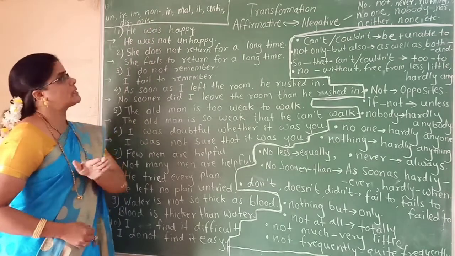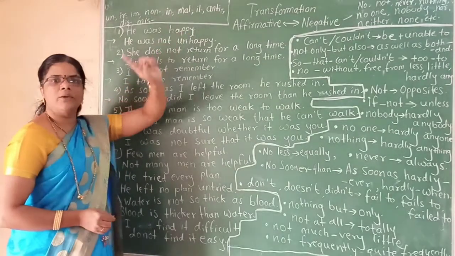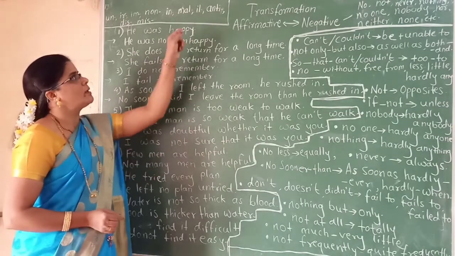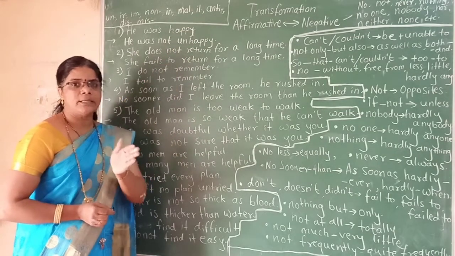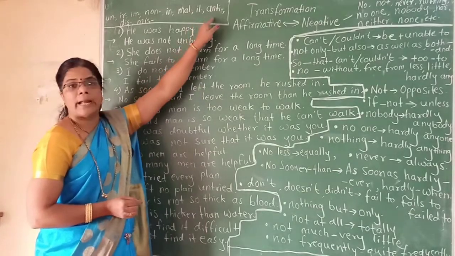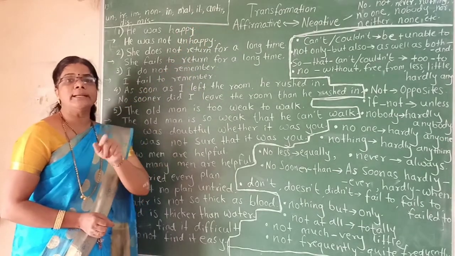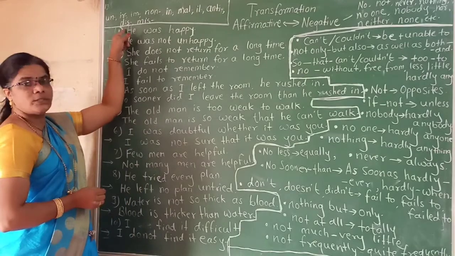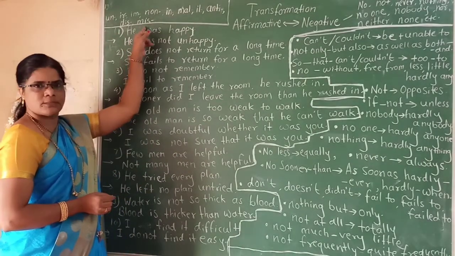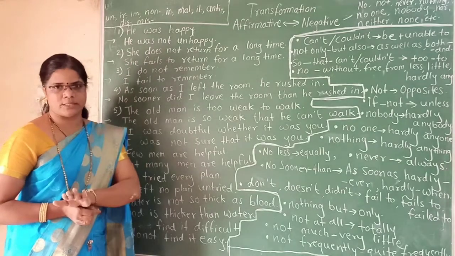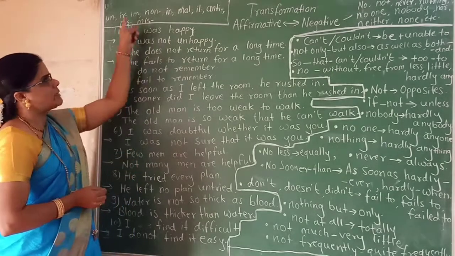Complete, incomplete. Next one, mal, nutrition, malnutrition. Next one, ill, legal, illegal, or literate, illiterate. Next one, anti, social, antisocial. Here, discharge, dis-charge. Next one, miss, understand, misunderstand. These are the negative prefixes.